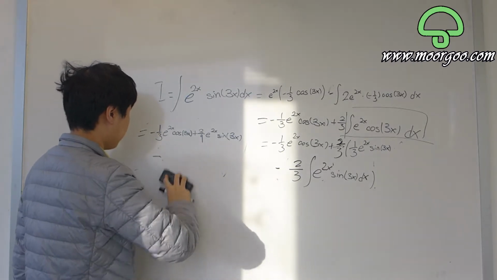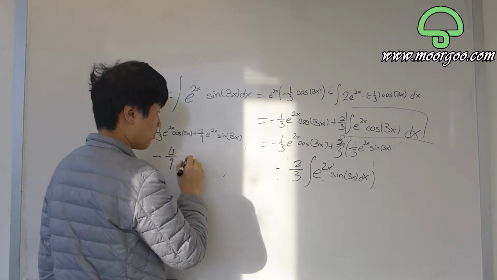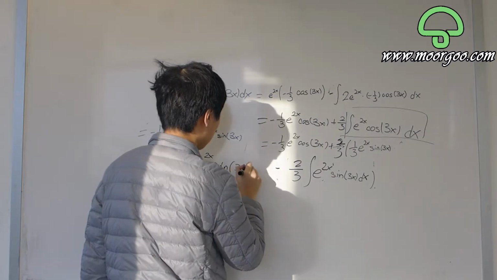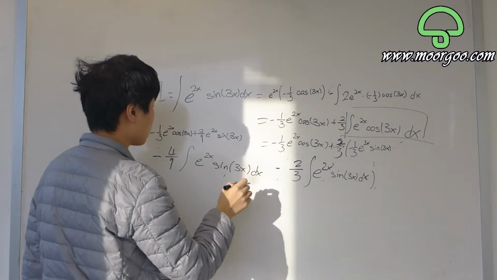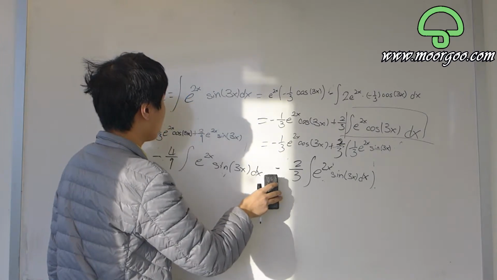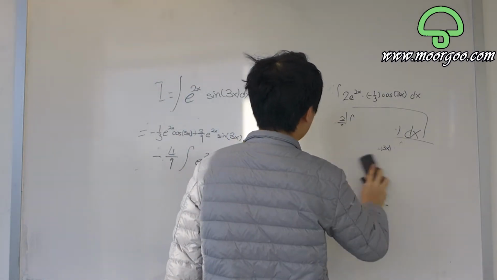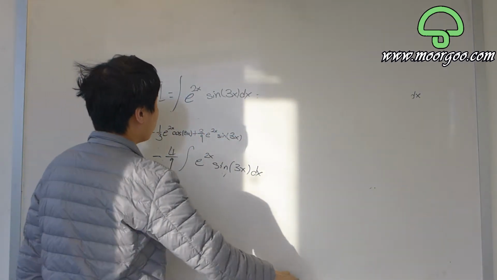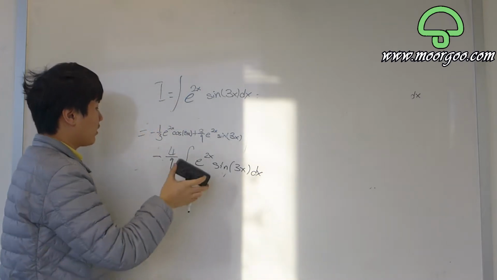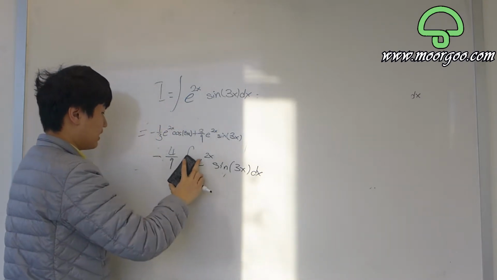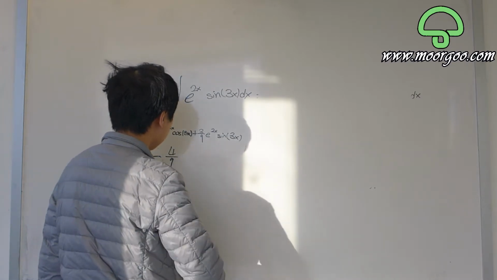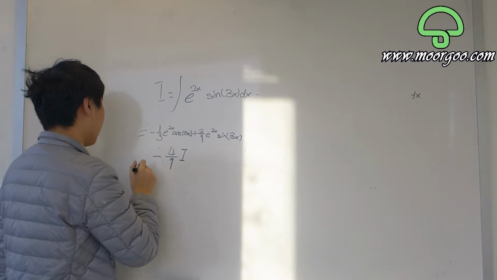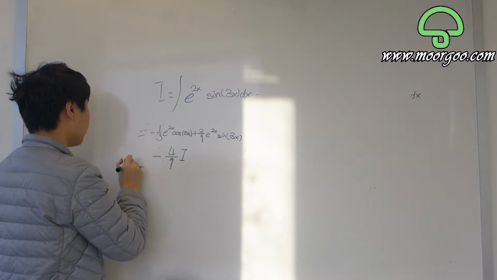My fault. Now, we still don't have the answer, but you may recognize that this part is exactly I. So we have already obtained I implicitly, actually.